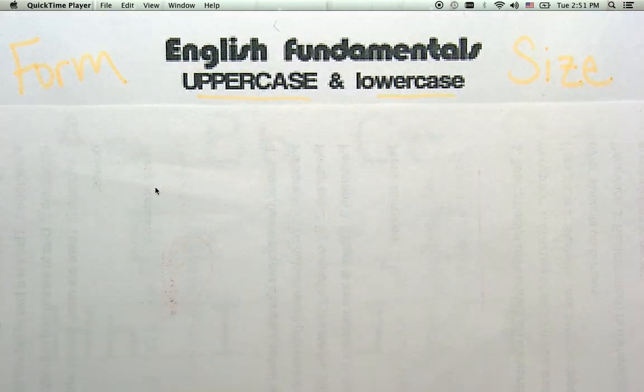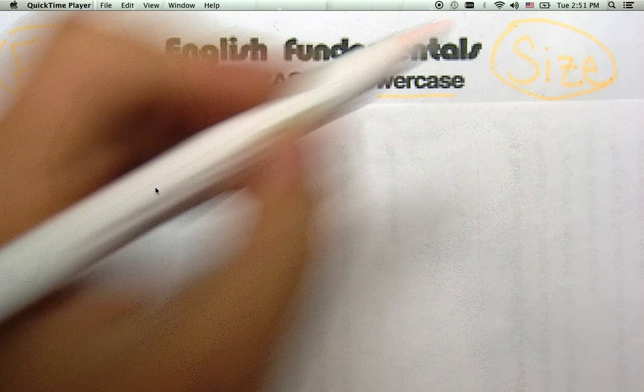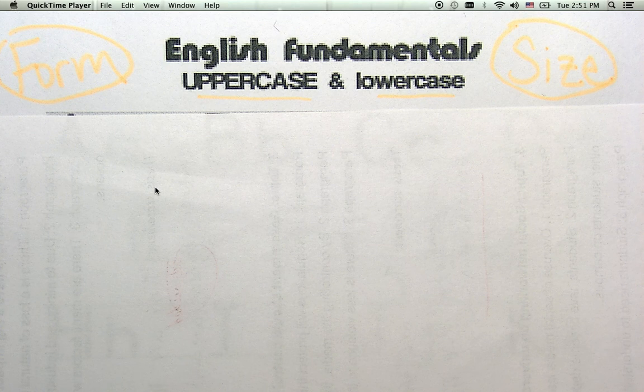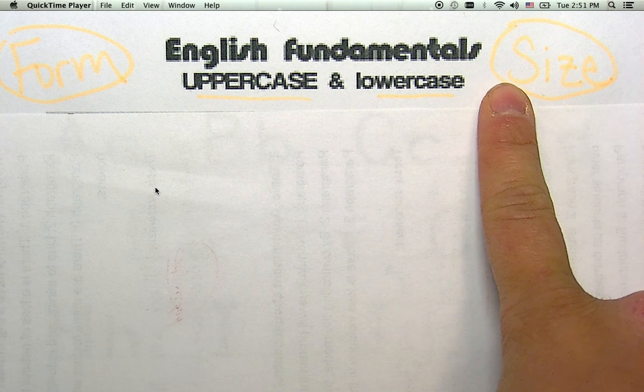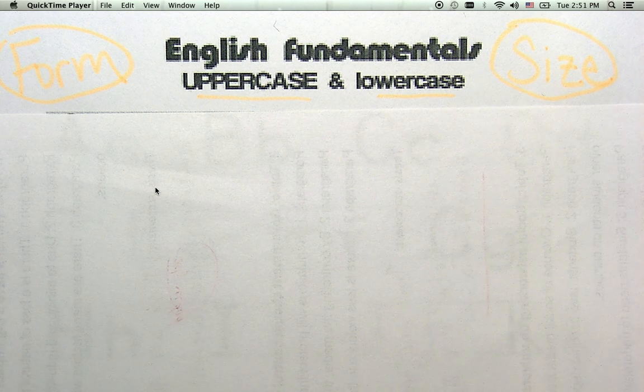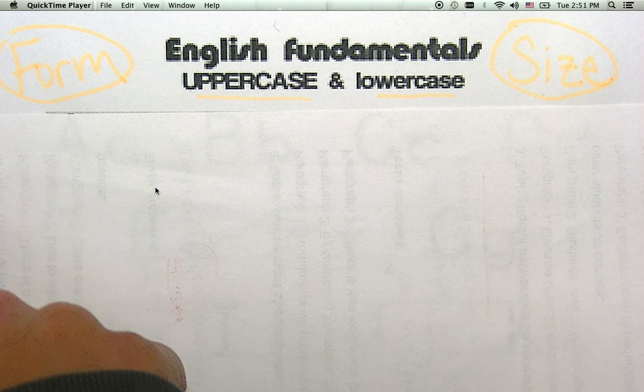So the two important things to think about when you're thinking about your letters are form or shape and also size. Many students remember to change the form, but then later they forget to change the size. Or some students change the size, but they do not change the form.